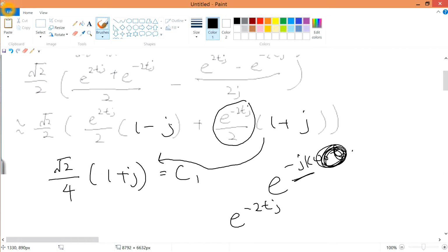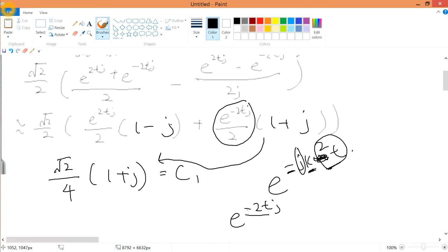What do you see? Just minus 2t, assume that this is 2. We have 2t over here now. And then we have j, and we're left over with k.